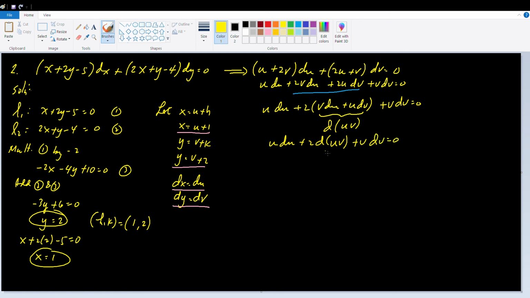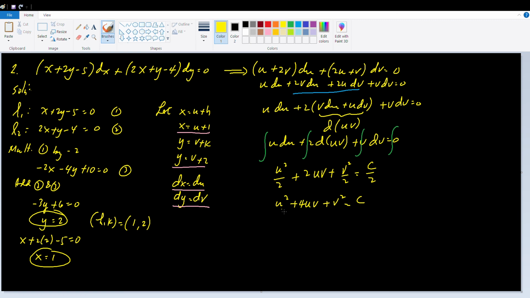And the variables are already separated. So what we do is we just integrate. So u du is u squared over 2, and 2, the differential of uv, has the integral uv, plus v dv, or v squared over 2, equal to c over 2. Multiply everything by 2. U squared plus 4uv plus v squared equal to c.